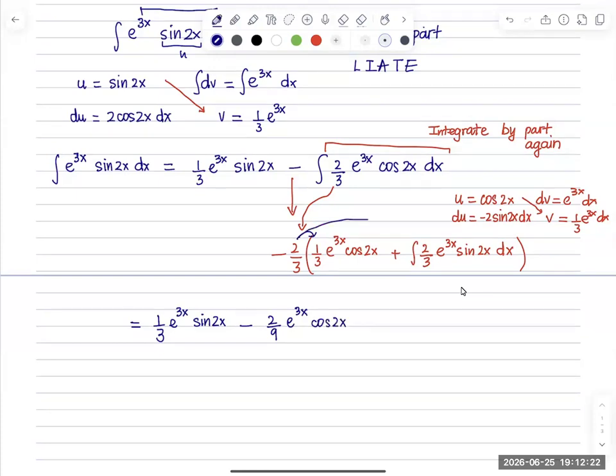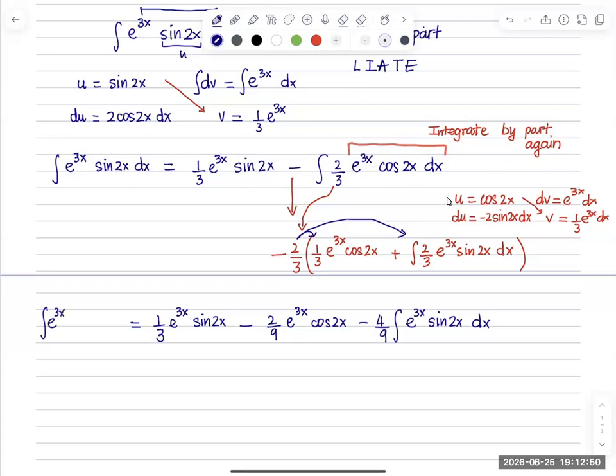And then I distribute this, I'm gonna have -4/9 integral of e^3x sine 2x dx. I actually bring the 2/3 to the front of the integral, just like this one, I bring it to the outside. And I just take the integration by parts for these pieces, this part right here, okay?